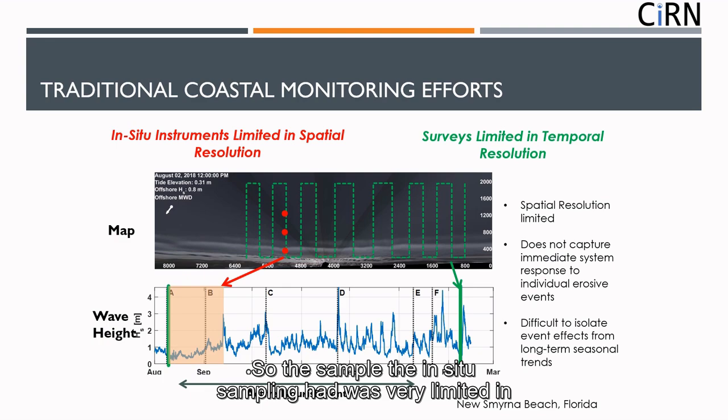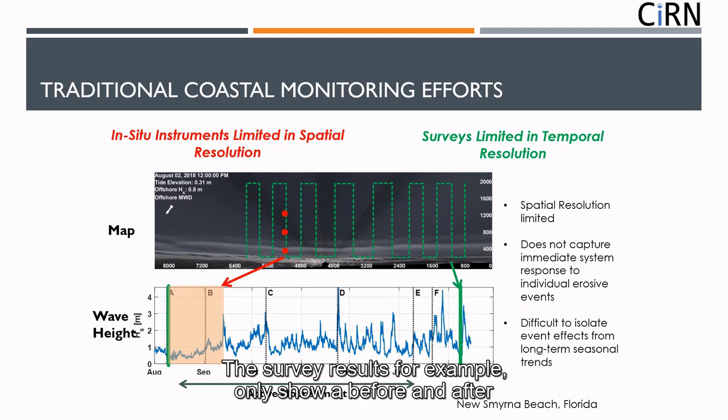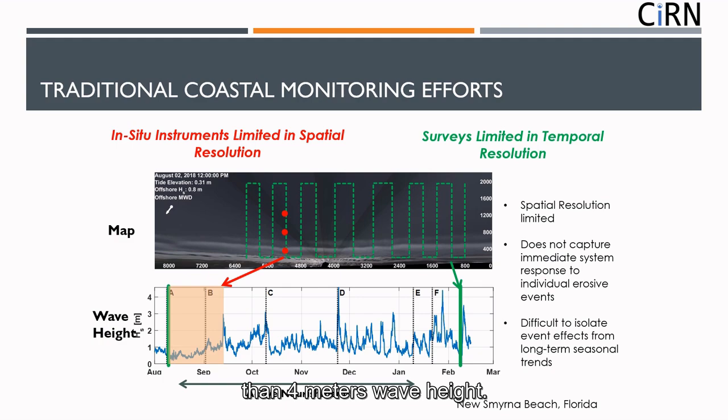So the in situ sampling was very limited in spatial resolution and in temporal resolution. The survey results, for example, only show a before and after result. But if you look at the wave height curve time series, you'll see there's a series of storms that come through up to more than 4 meters wave height.